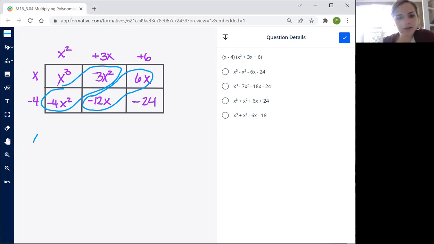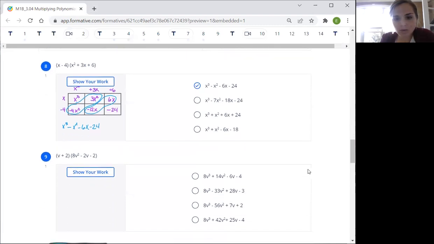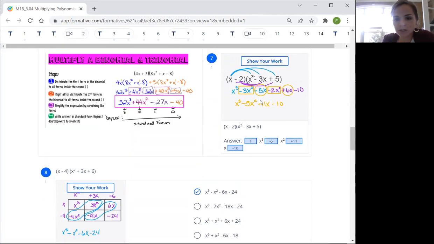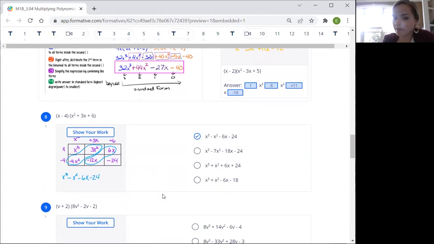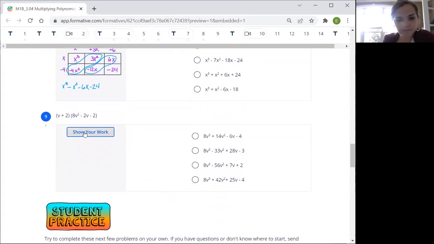We end up with x to the 3rd, 3 minus 4 is negative 1, or negative x squared. 6 minus 12 is negative 6x, and then negative 24. So you should end up with the first one. Whichever way you like, either the distributing or the box method, it's up to you which one you like better.